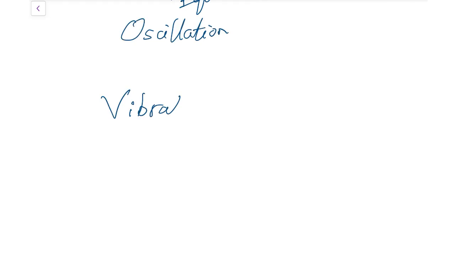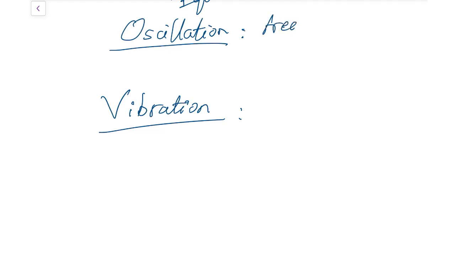Now, is there any difference between oscillation and vibration? Well, generally speaking, yes. When frequency is low, we call it oscillation. For example, a tree branch oscillates when wind blows through it.